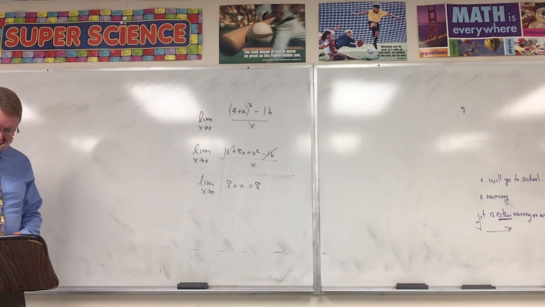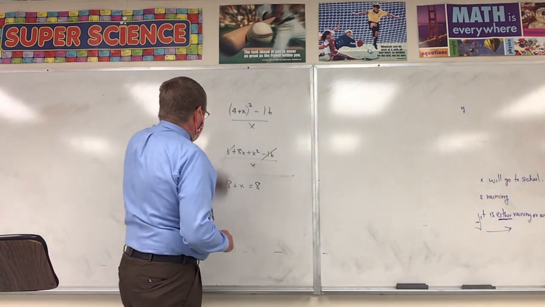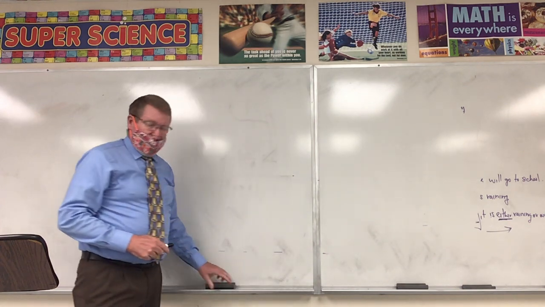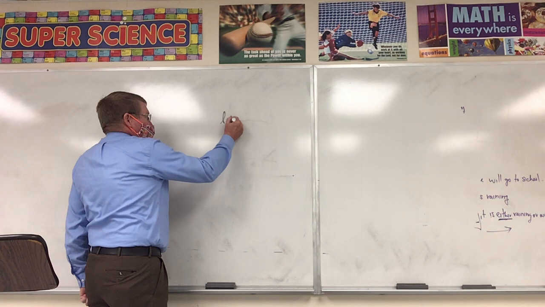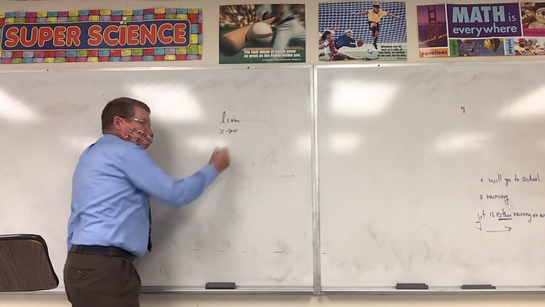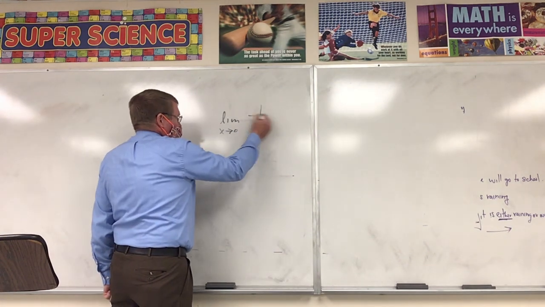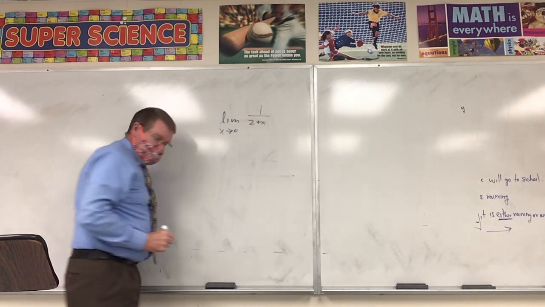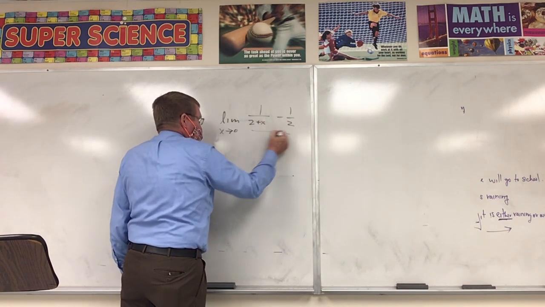Can we do 22? Let's just do 20 through 28. Do all those. 22: the limit as x approaches 0 of 1 over 2 plus x minus 1/2, over x.